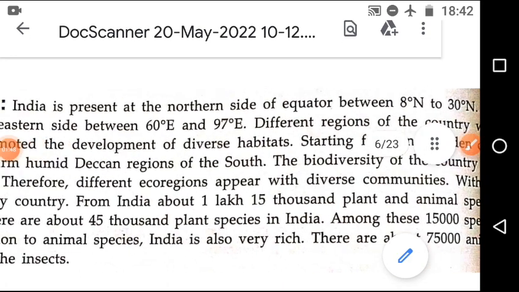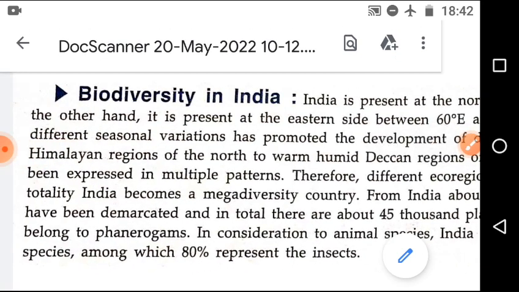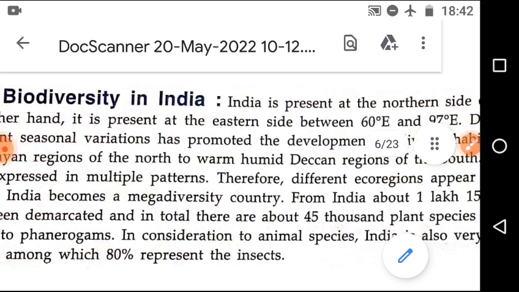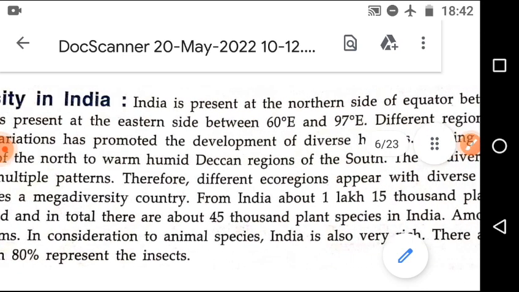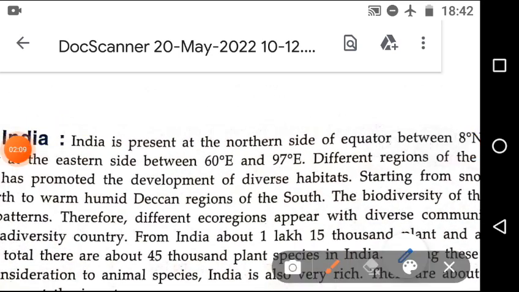On the other hand, India is present on the eastern side, between 60 degree east and 97 degree east. So it shows the location of India.